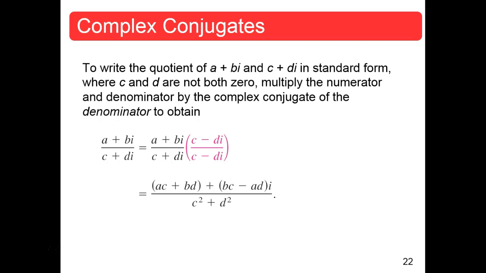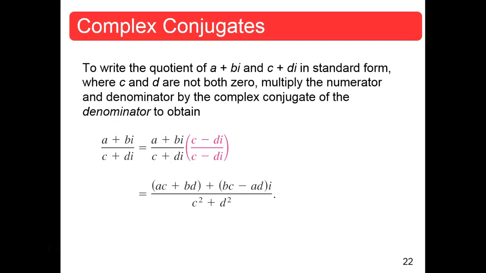But if you multiply the denominator by that, you also have to multiply the numerator. Not the conjugate of the numerator, but the conjugate of the denominator. Because what's c plus di, c minus di over c minus di? It's 1, right? So you can multiply by 1 anytime you want to.